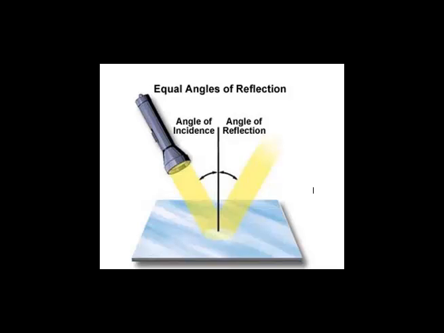Take notice of the angle at which you hold the flashlight or the mirror, and how the light is reflected from the mirror. We know that mirrors are great reflectors because of their surface being smooth and shiny, and gives the light the opportunity to reflect completely without being changed.